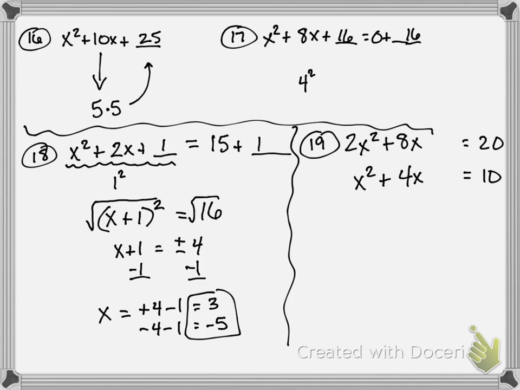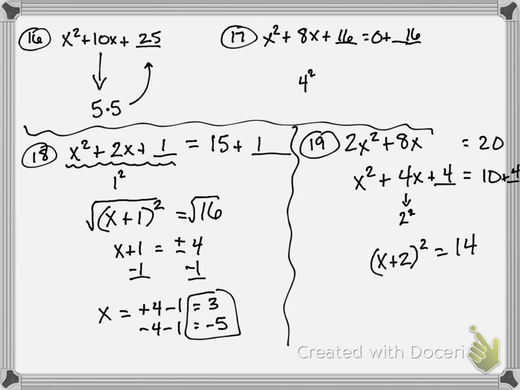Okay? Now I got to take half of this. 2 squared is 4. So we add in a 4 on both sides. This factors to be x plus 2 squared equals 14.